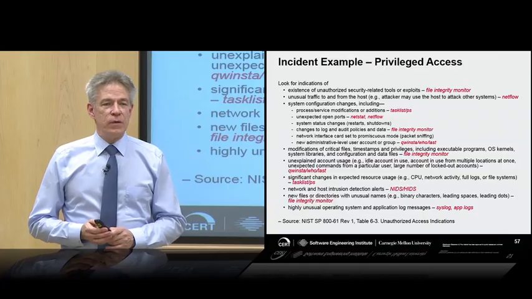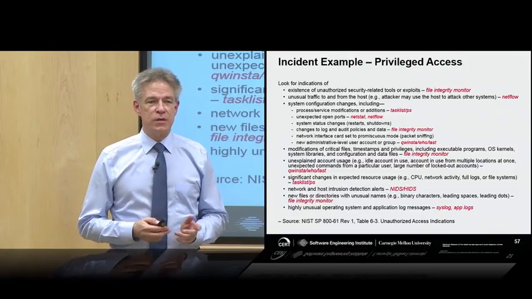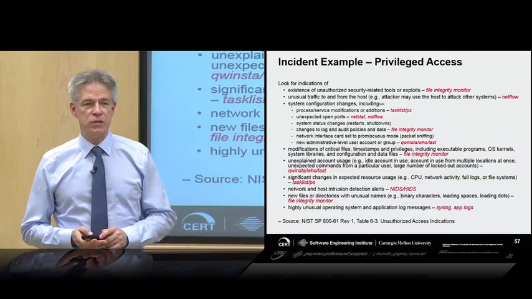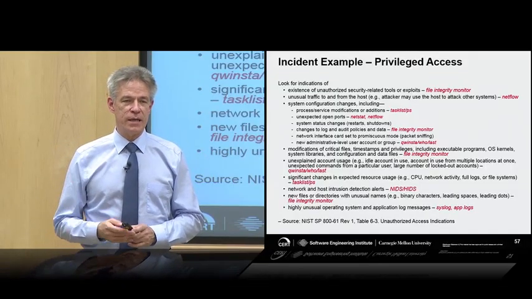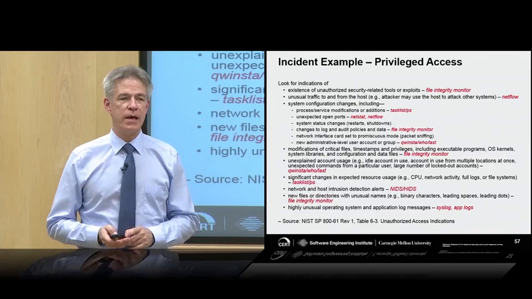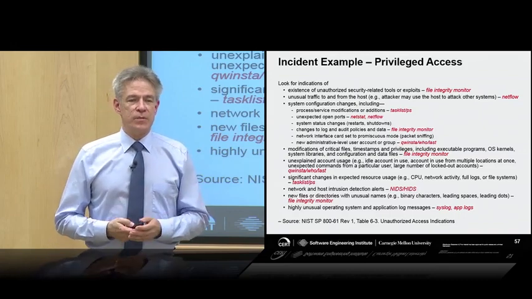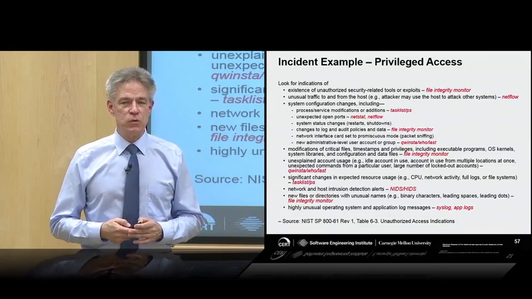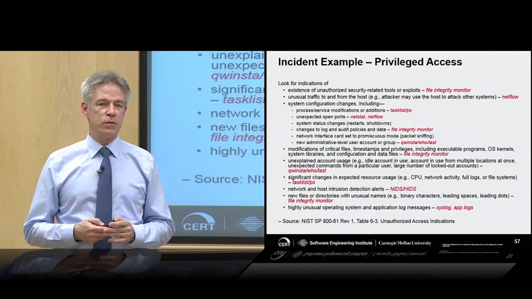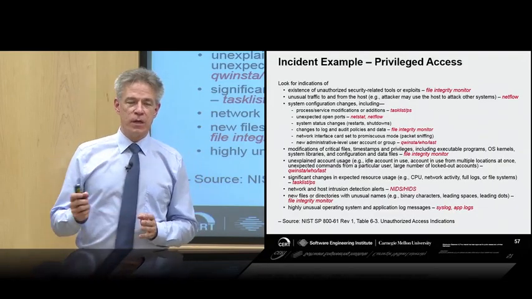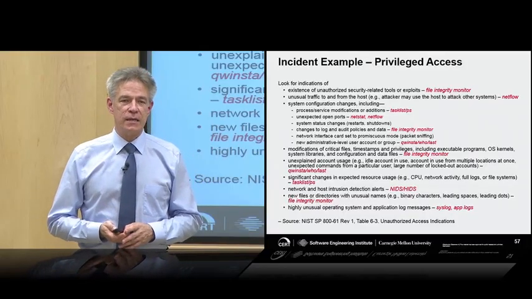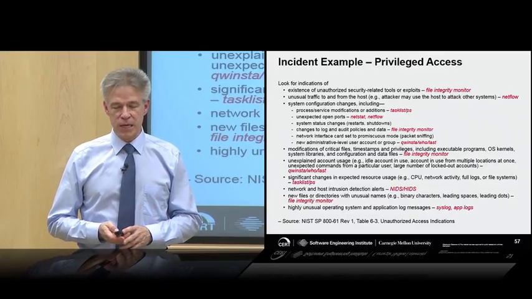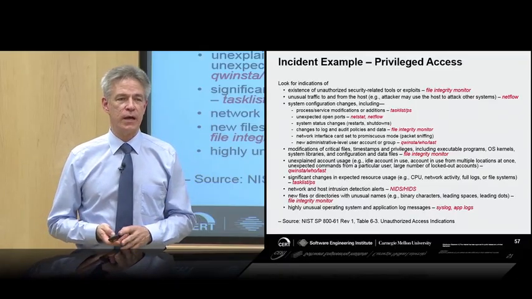If you have intrusion detection systems, your network or host-based intrusion detection alerts could give you some clues indicating a privilege level compromise. There may be other files that have unusual names, maybe trying to hide them. For instance, on Unix systems, file names that begin with spaces or dots are one way to hide them from a cursory examination of what files are in particular directories.